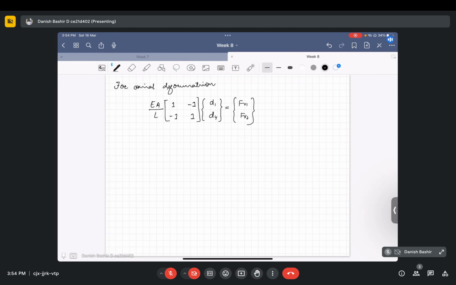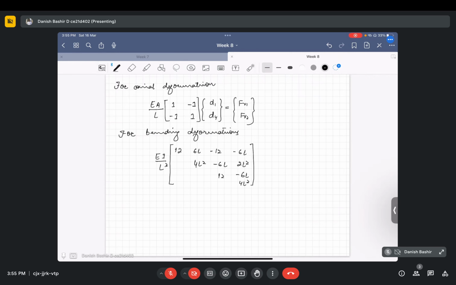From beam bending, for bending deformations, we have EI by L cube times the matrix that we studied earlier, just a few minutes ago: 12, 6L, minus 12, 6L; 6L, 4L square, minus 6L, 2L square; minus 12, minus 6L, 12, minus 6L; 6L, 2L square, minus 6L, 4L square.